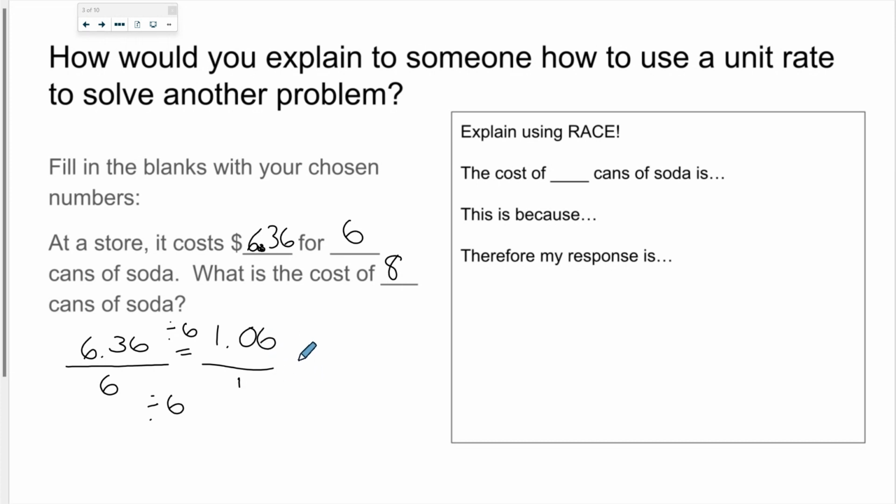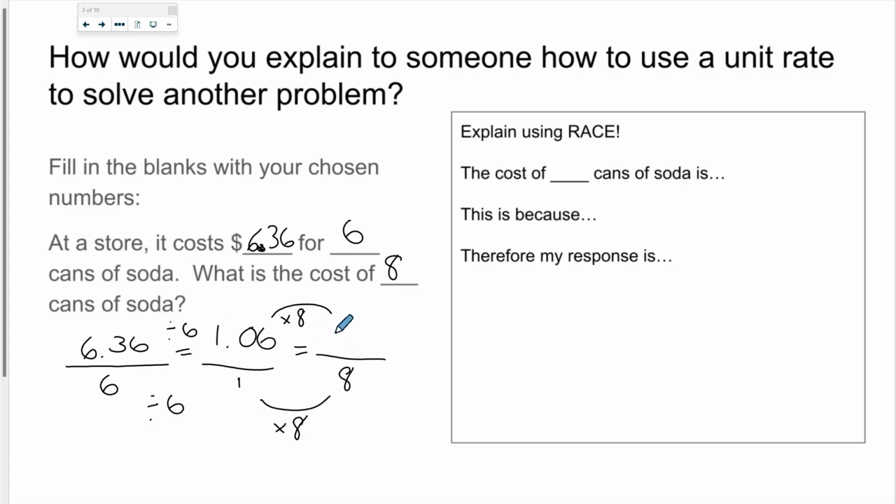We used that on the previous slide. But now we don't want the cost of 1 can, we want the cost of 8 cans. How would I go from 1 can to 8 cans? That's right, I would multiply by 8. If I multiply the number of cans by 8, I also need to multiply the price by 8.